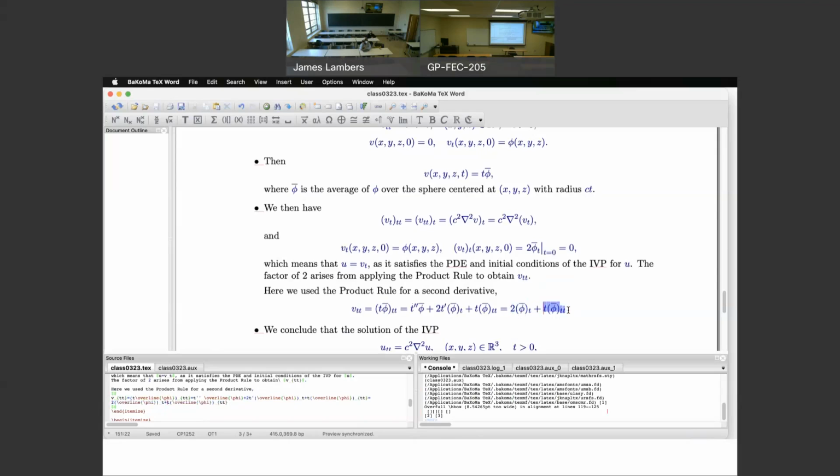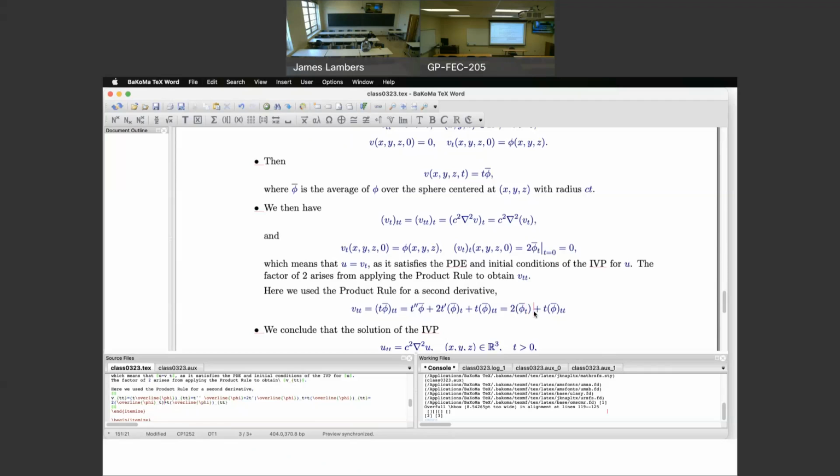Well, that's going to cause this to go away. The only term that's left is the average value of phi evaluated at... okay, that's the same as the average value of phi t.